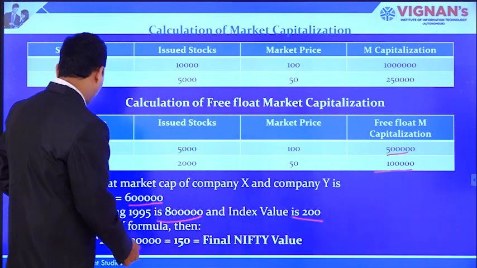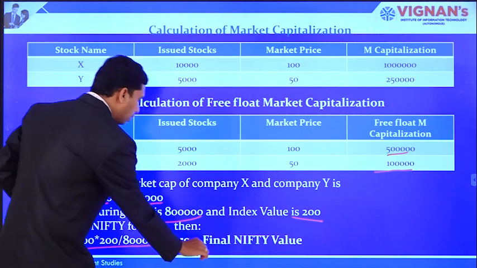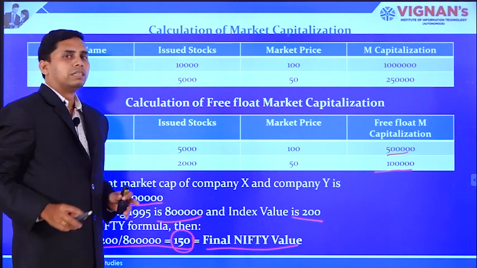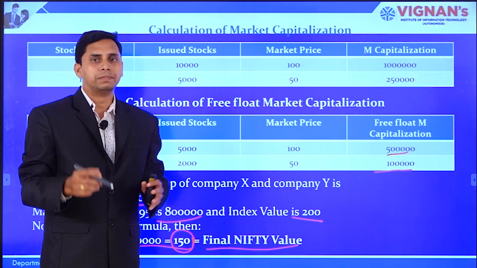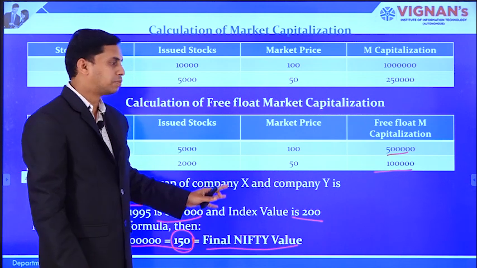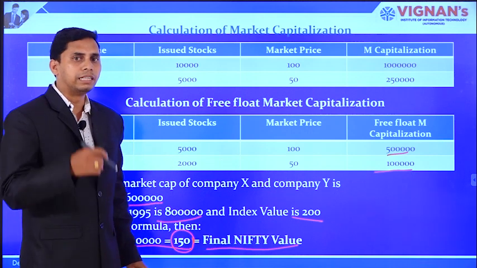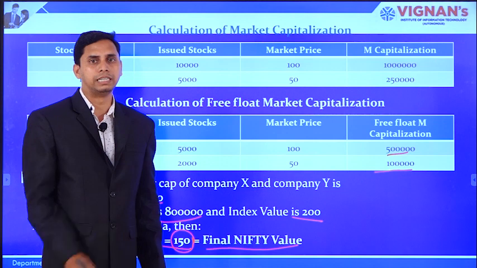Now, finally, while applying the formula, the value for the Nifty is 150. In this way, we will calculate the index value for various indexes. Here we have calculated the index value for Nifty, and in the same way, we can calculate the index value for any index of your choice.